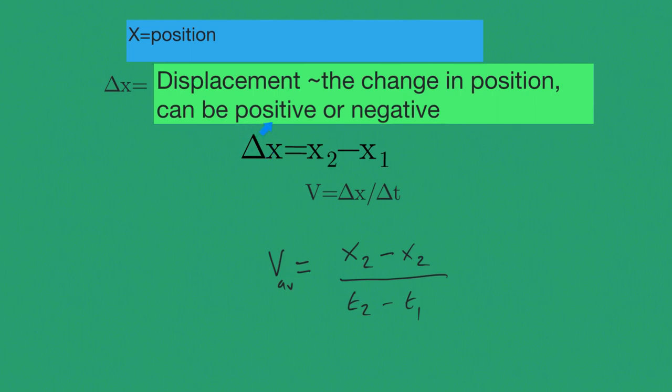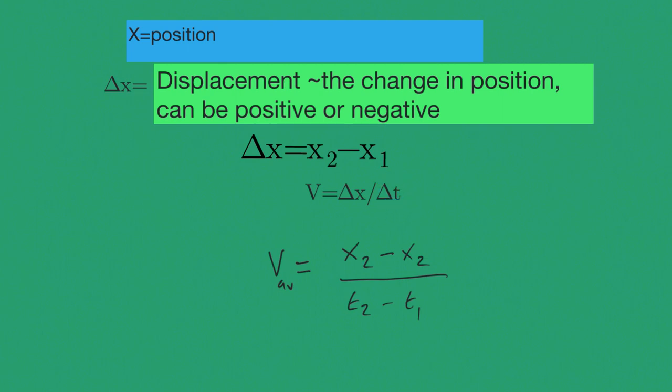Delta x can be positive if the object is moving to the right, or negative if it's moving to the left. And the average velocity is delta x, the displacement in x, divided by the displacement in time. In other words, the average velocity is x2 minus x1, the displacement, divided by t2 minus t1, the displacement in time.